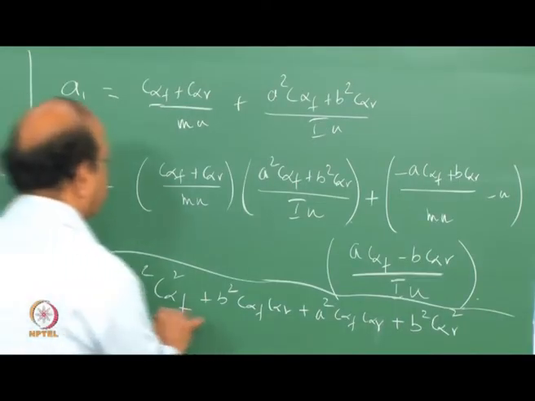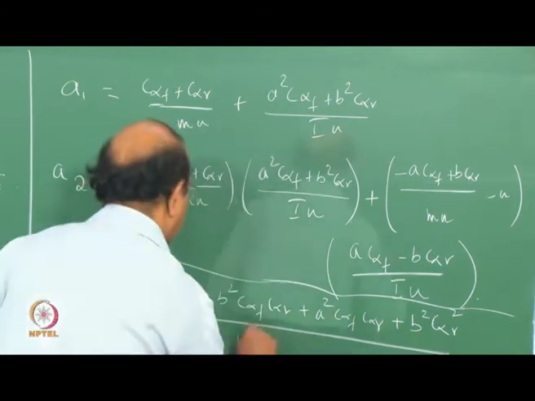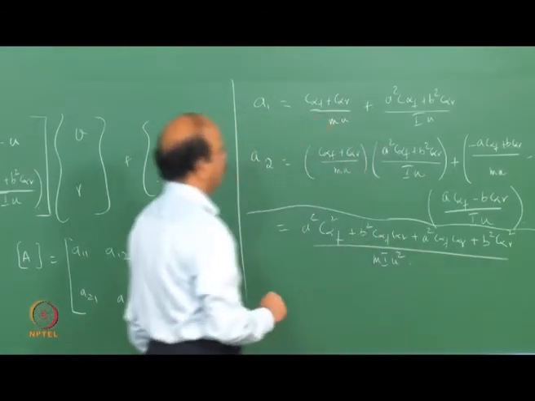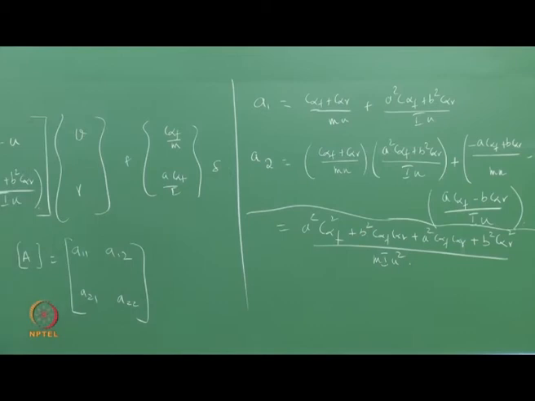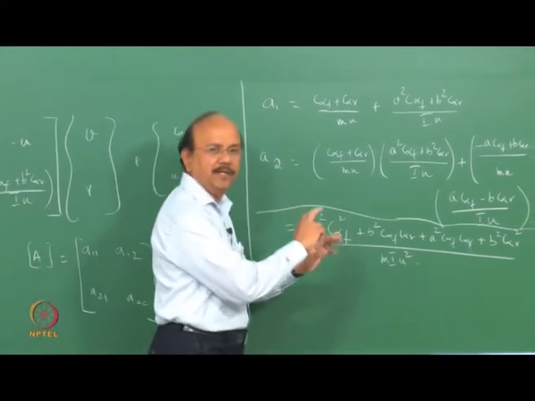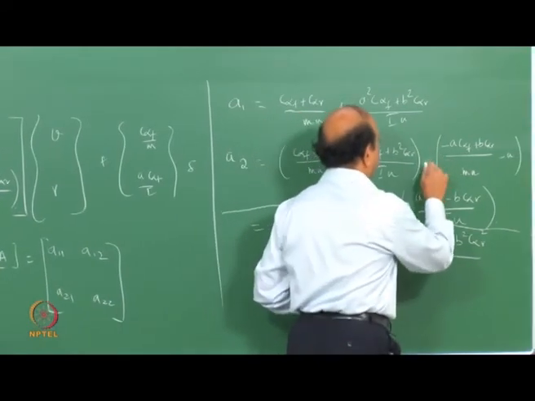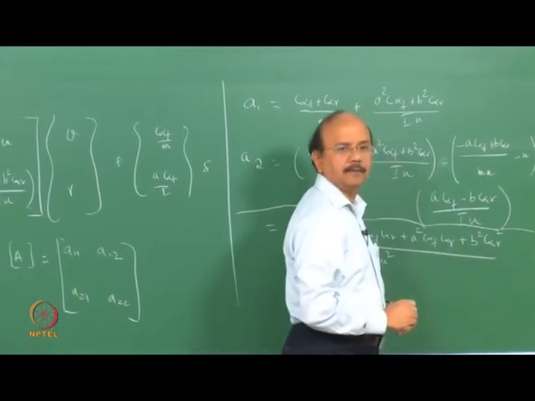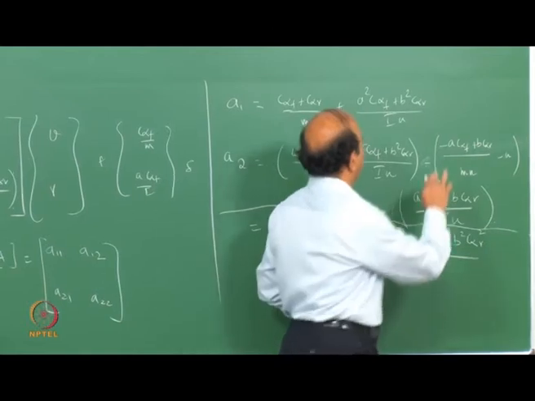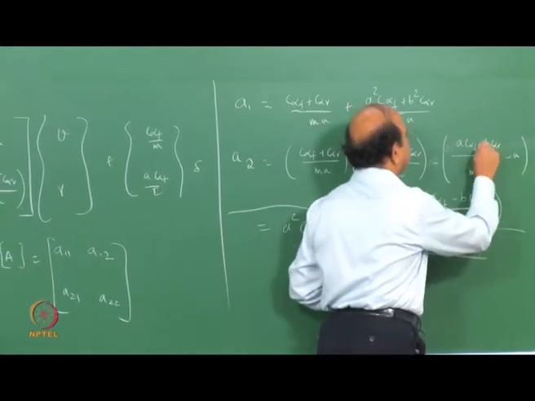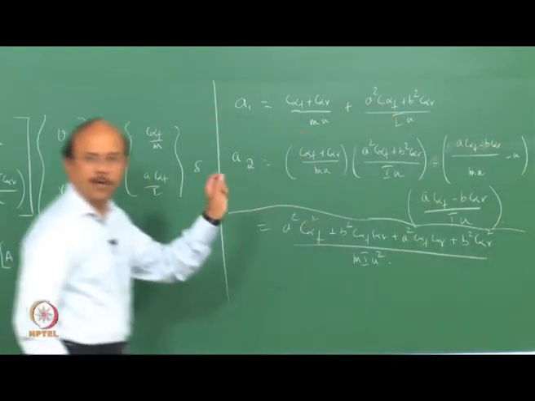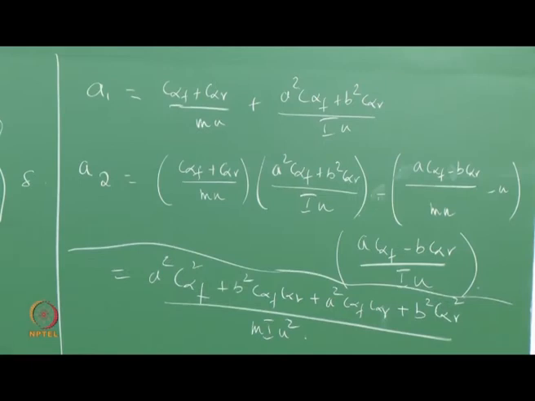C alpha R squared divided by m I u squared. Okay. We'll do a small jugglery here. Let me put that as minus, and write that as like this. Why am I doing this? It becomes simple.